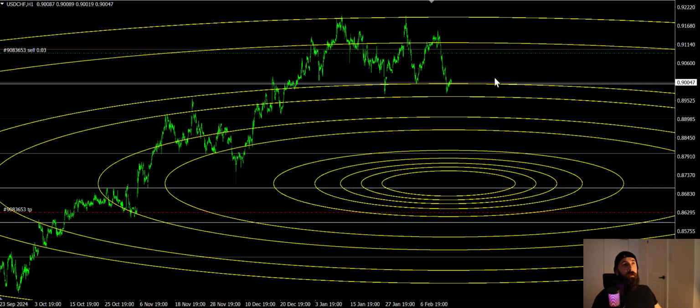Like on the US dollar, Swiss franc, you see how price behaves at the round numbers, right? So what I like to do is plant the seed, in other words, enter the position. And when it's time to harvest, when the season comes, you harvest the crop, right?